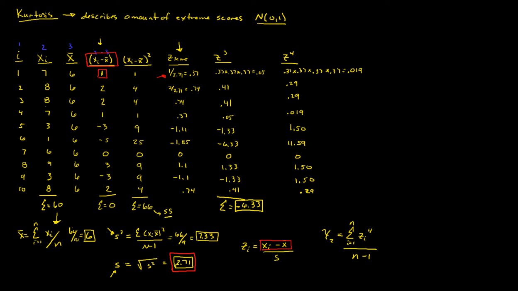You'll notice in the z column, the regular z-scores, we had positives and negatives. Positives meant that the raw score was higher than the mean, and negative z-scores meant that the raw score was less than the mean. When you square something, you get rid of the negative, but if you cube it, you maintain the negative. You're seeing, for instance, this negative 1.33 here, we keep that sign.